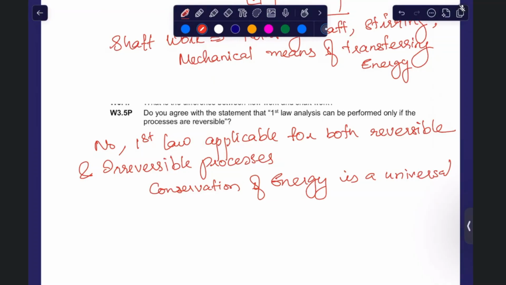What is happening is that irreversible processes might have some frictional losses or heat dissipation, which cannot be recovered by the system again.